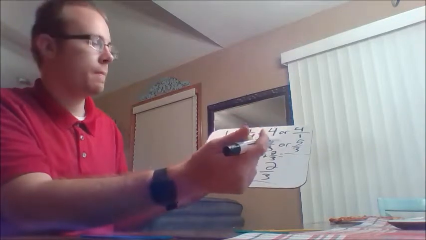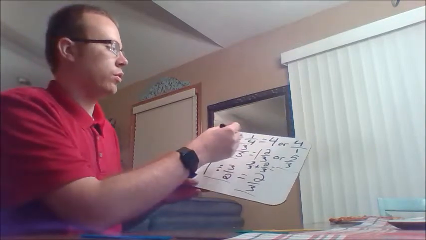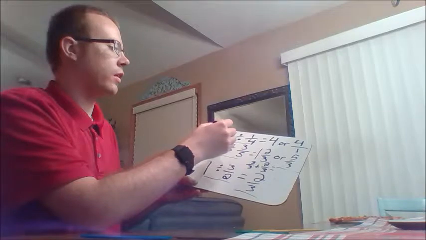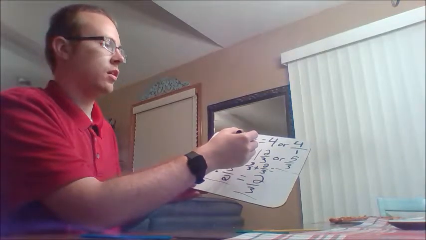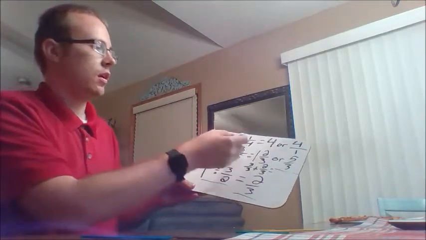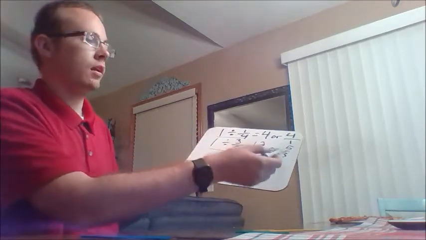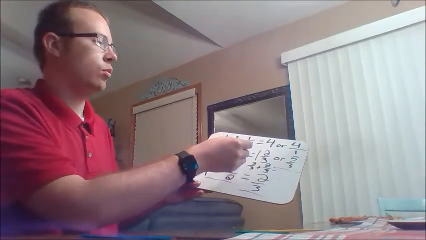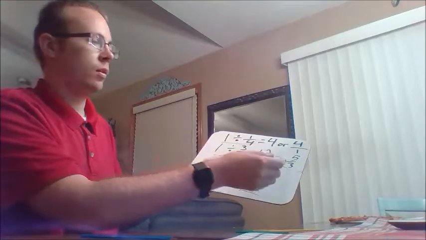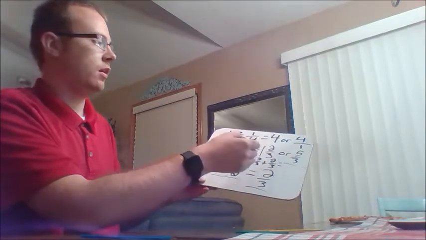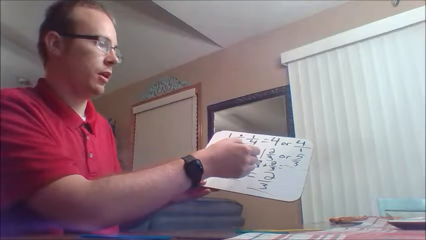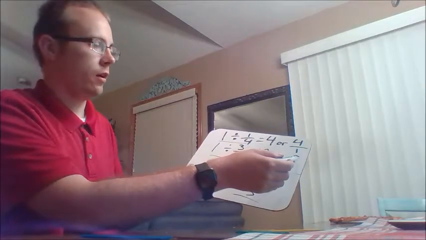You should see that when you take 1 divided by a fraction, the answer is the fraction but flipped. So they get flipped. The numerator went to the denominator. The original denominator went to the numerator.